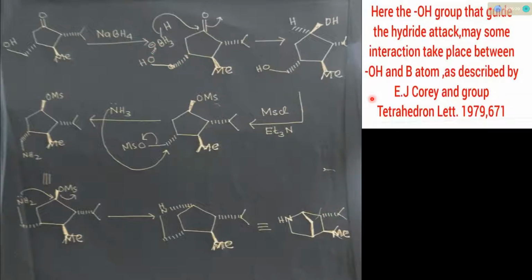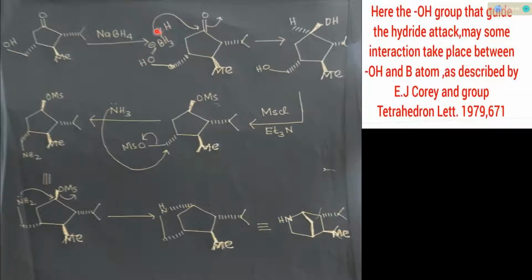So this question is from a publication, and this is just a part of the total synthesis of a molecule synthesized by the Ijé Corey group. In the Tetrahedron Letters they mention that there is some interaction between boron and oxygen.